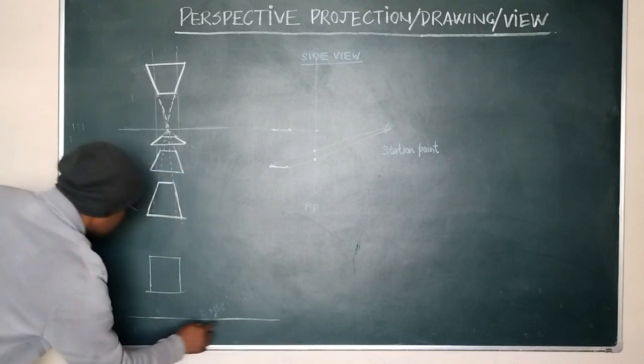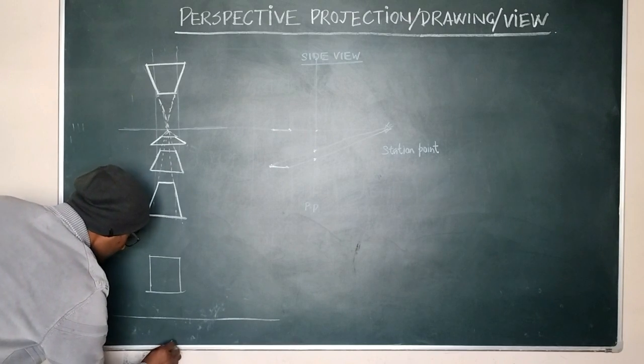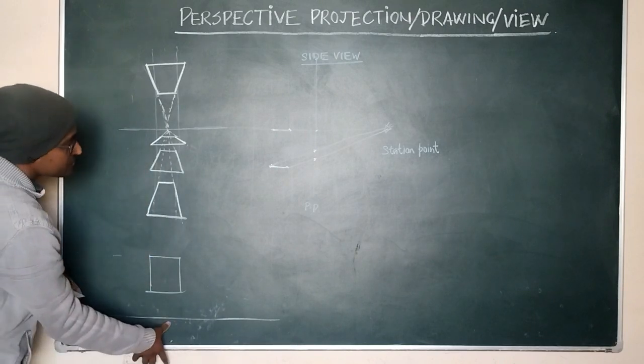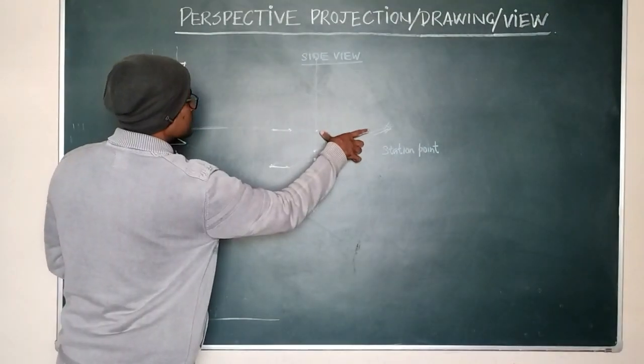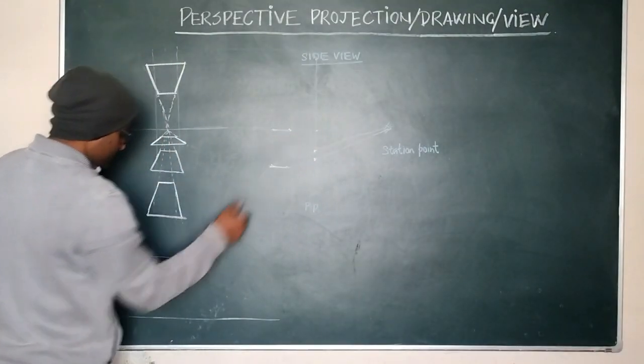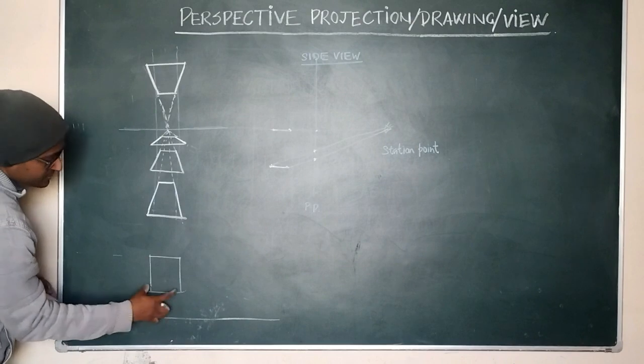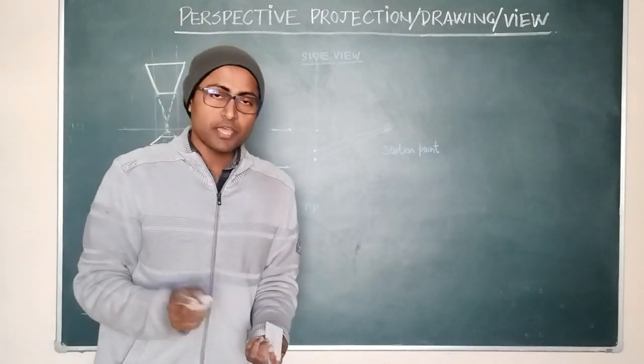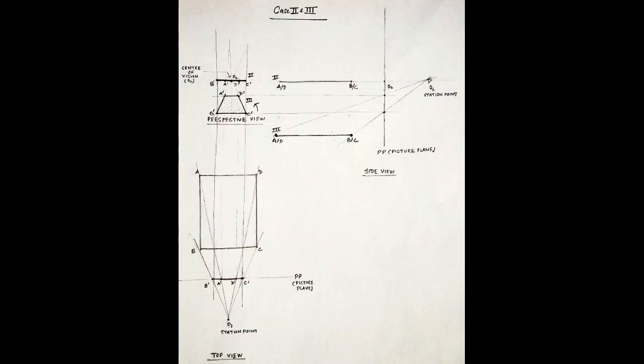You can draw the picture plane. You have the station point somewhere here. I don't have space, otherwise this distance will be equal to this distance. This distance will be equal to this distance, and you can get the width, right? As we did in the first case.